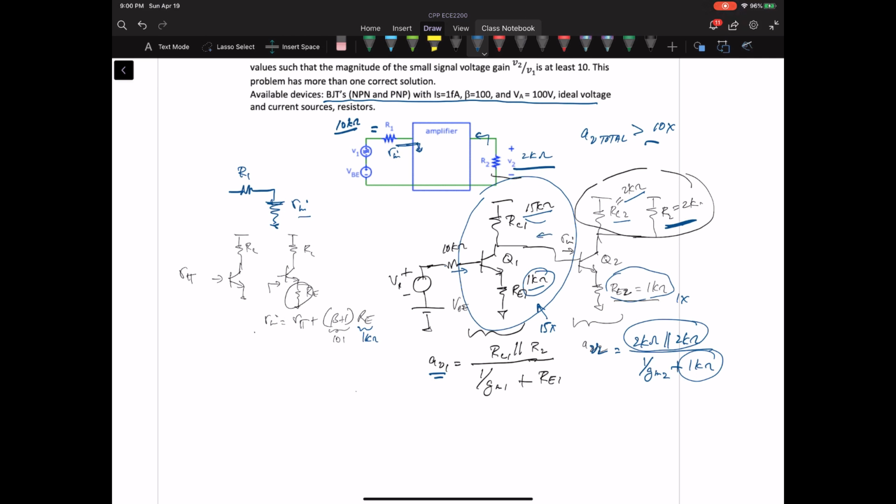I didn't want a high gain, so if I picked RC2 to be, let's say, 10K ohm, it's still going to be close to 2K ohm, because it's in parallel with a 2K ohm.